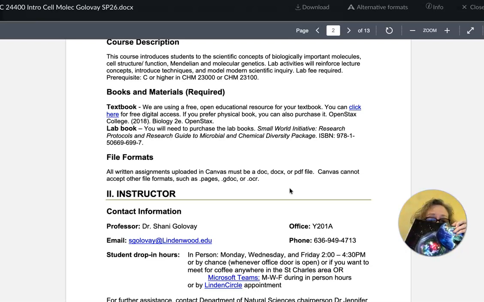They have this little world on them, and one will say Research Protocol and one will say Research Guide. You really need both of them to perform the labs. Amazon delivers quickly, but I would love for you to go ahead and order those.